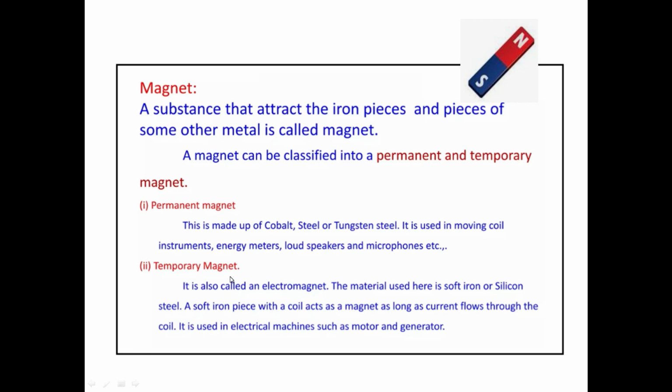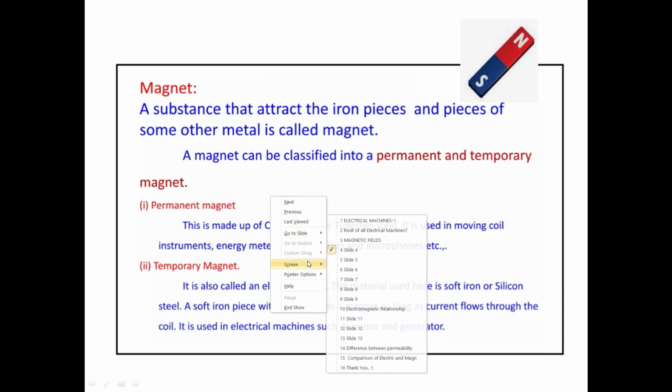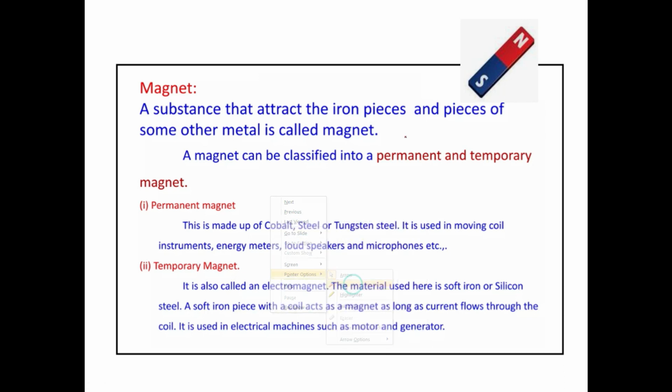A very interesting thing is that in a permanent magnet we have N and S poles which are fixed. We cannot change this end to N pole and that end to S pole. But in an electromagnet, we can change the N and S polarity by changing the direction of current.